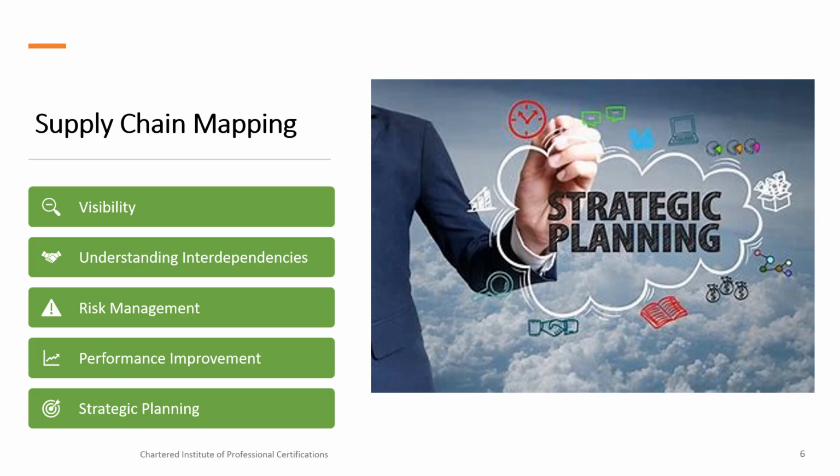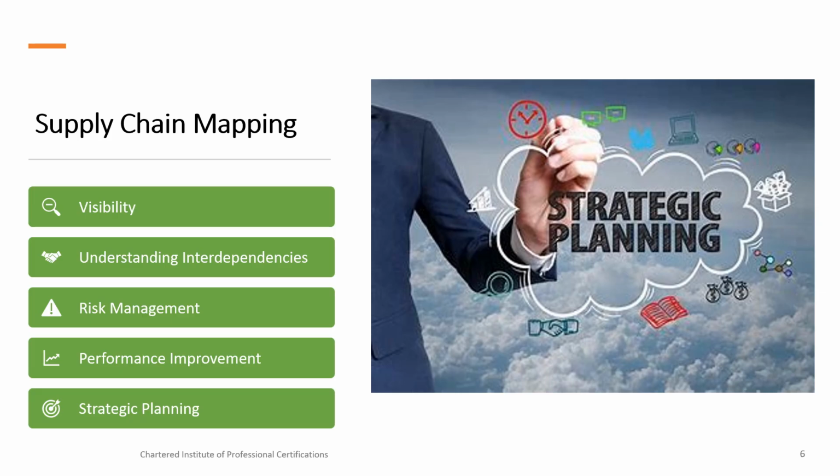Now, supply chain mapping is crucial to supply chain optimization for several reasons. Firstly, visibility, as mentioned. Supply chain mapping provides a clear visual representation of the entire supply chain, from raw materials to end consumers. This visibility is crucial for identifying bottlenecks, inefficiencies, and risks that could disrupt the supply chain.